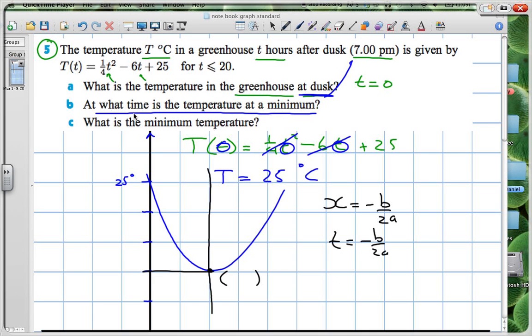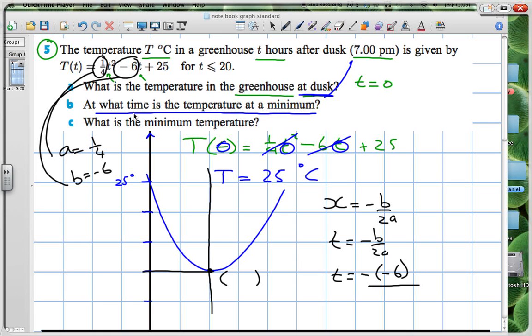So let's put this in. We see that our a is equal to a quarter, and our b is equal to minus 6. So I'm going to have t is equal to minus 6 divided by 2 times a quarter.